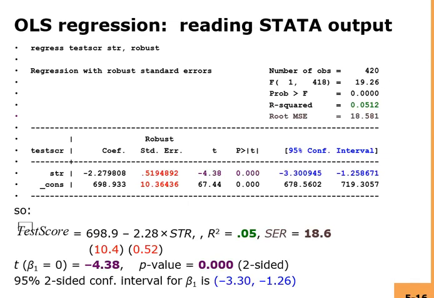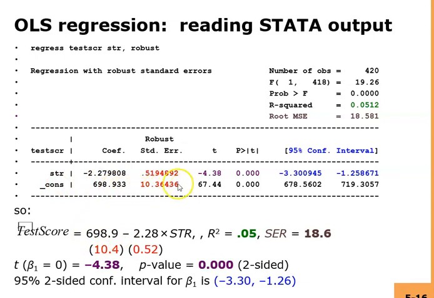This is an output which is generated through STATA, and this is just to show how all of these different numbers which are reported over here are actually calculated or reported in the STATA output. Obviously we have the constant, the beta naught hat, which is 698.933, reported over here next to constant.